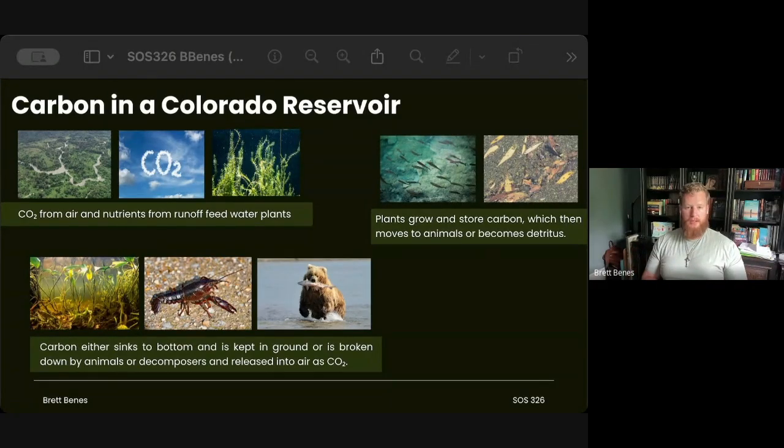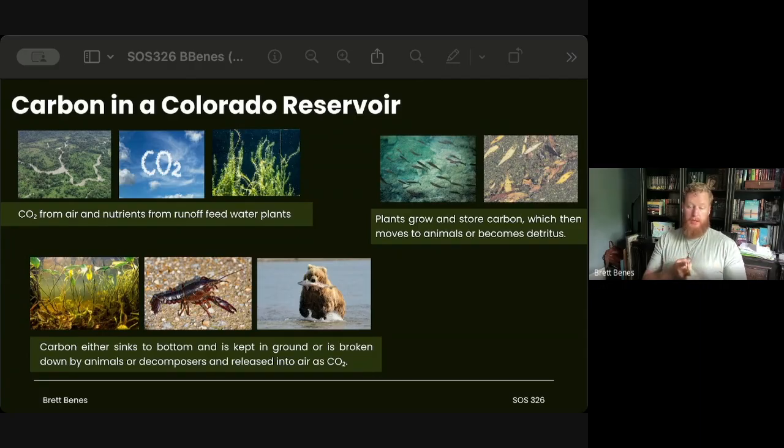In this reservoir, the detrital pathway is likely dominant. There are herbivores present, but I think because this is a more urbanized area, the amount of animals that are interacting with the lake is decreased. That means there's much more of a detrital pathway that's dominant, and smaller animals that are interacting with the lake as a result.